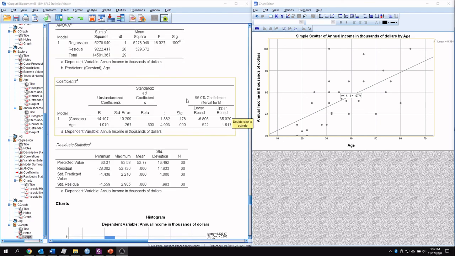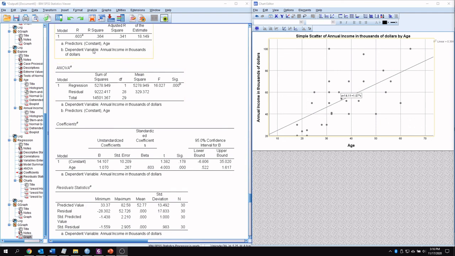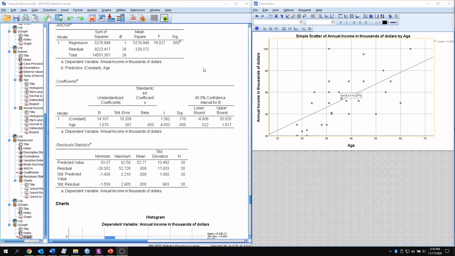And keep in mind that age is not going to account for the totality of someone's wage, but it does account for 36%. So it's important to keep that in mind when looking at this model. Another important thing to check is this significance level. We can see that that's significant, so that is great.